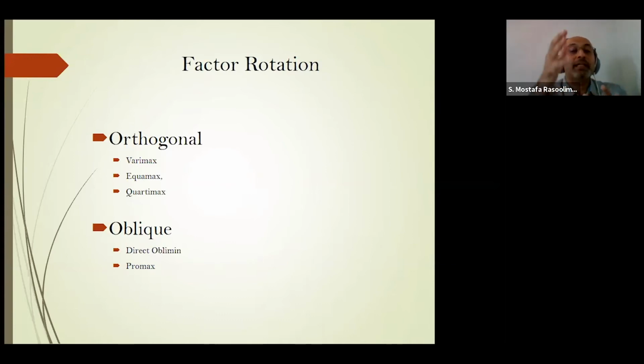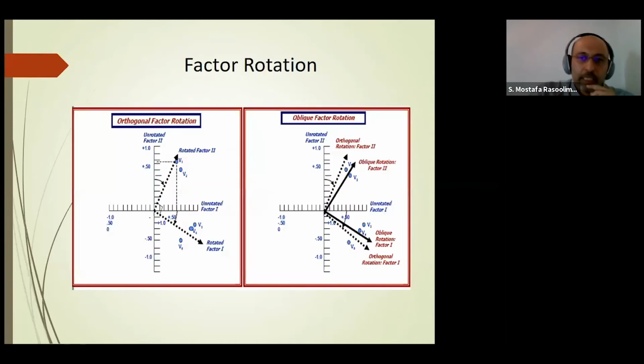These different methods apply different algorithms for rotation of items and to calculate loading. This is a type of rotation for items based on the first stage when we identify items and loading.